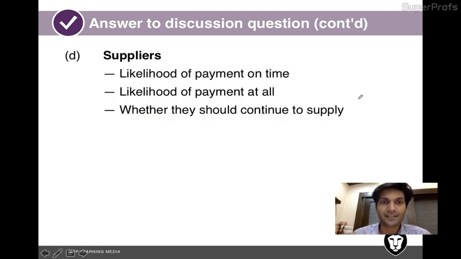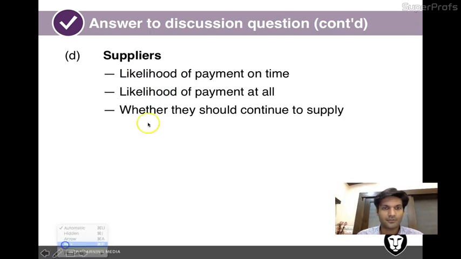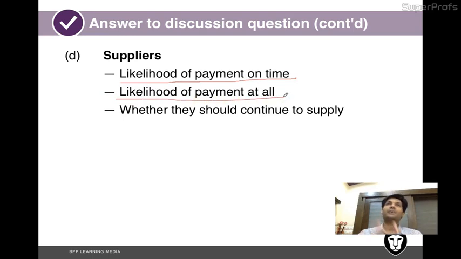And then suppliers. Suppliers are basically providing various goods and services to the company on credit. So first of all, they want to find out whether they will get the payment on time or not. Very important point. Second point, very important, whether the company would be able to make the payment or not.